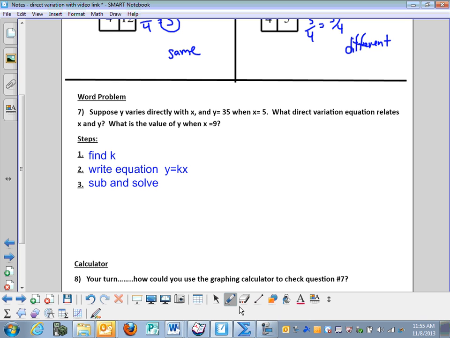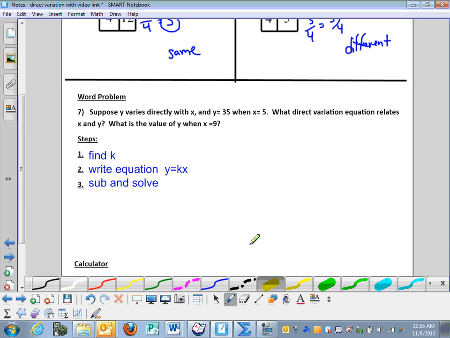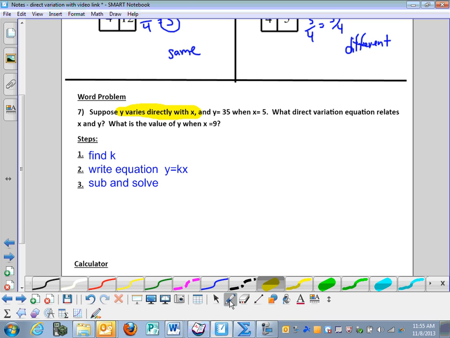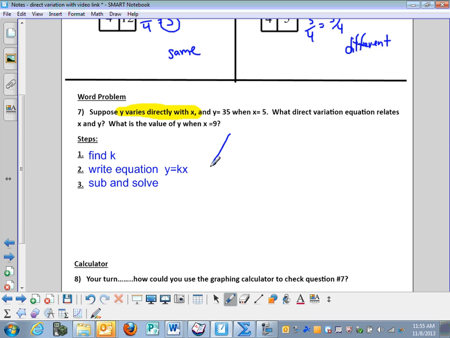So my first clue that this is a direct variation problem is it says right here, y varies directly with x. So as soon as I see that, I like to draw my triangle. And I know that y varies directly with x, so y equals kx.